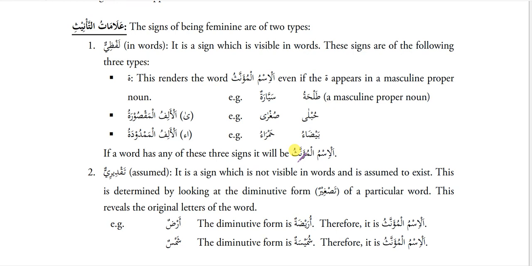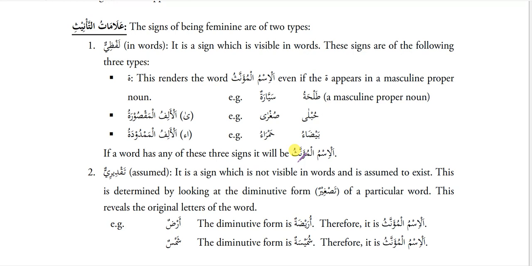Ta, round ta, this renders the word al-ismul muannas even if the ta appears in the masculine proper. Example, sayyaratun is muannas. Then we have alif maksura, that's sugra or hubla. Then we have alif mamduda like hamra'u and baisau.